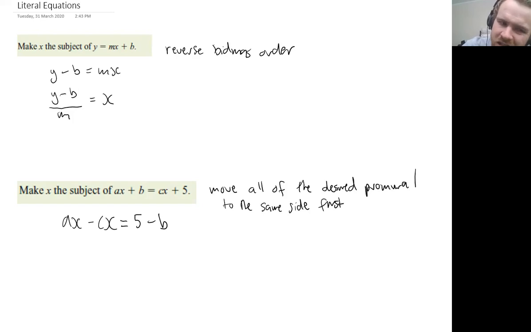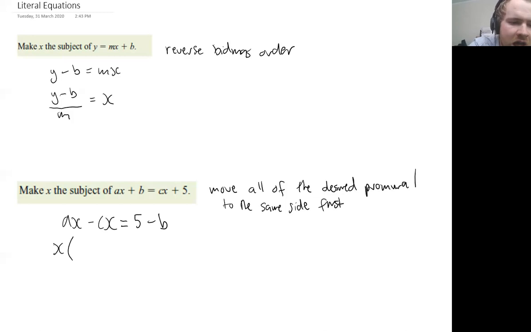But again, we can't just move the a across or the c across simply. What we need to do now is factorize. We notice that on the left side, both of these have a common factor of x. So I'm going to take x out the front, put my brackets in, and think, what would I need to expand with x to get back to where I was?